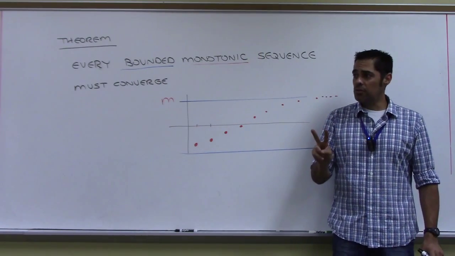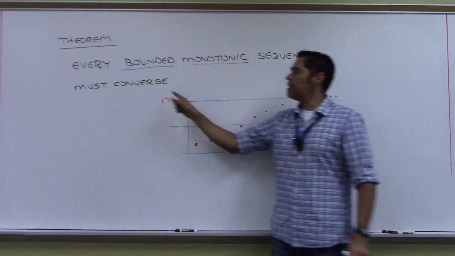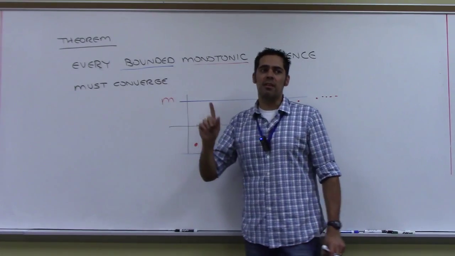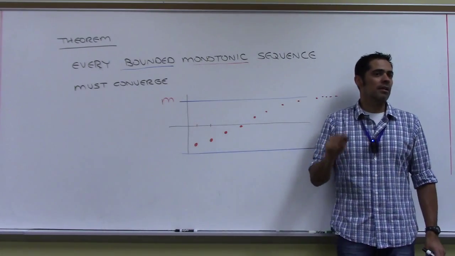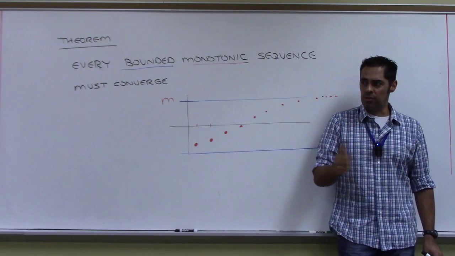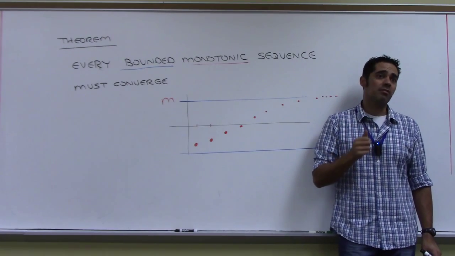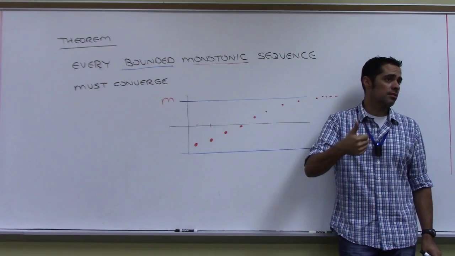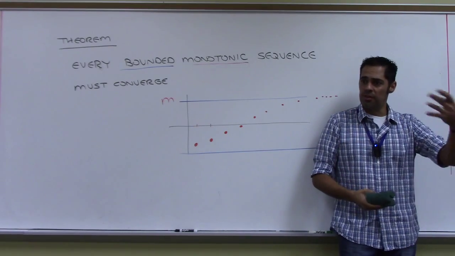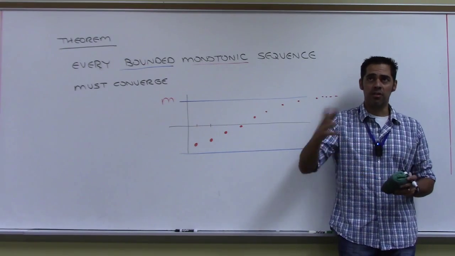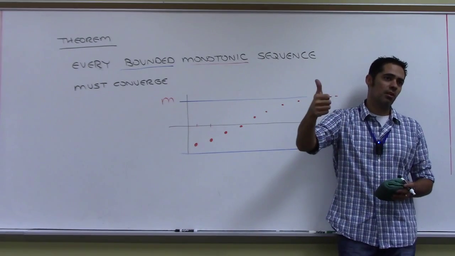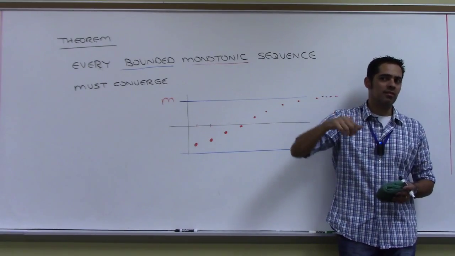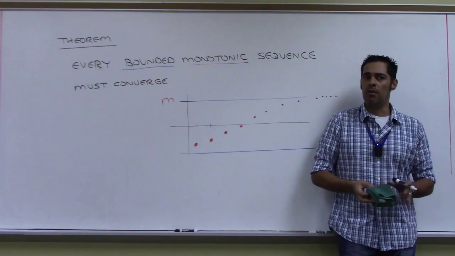If I can show you those two things are true, I'm guaranteed to converge. What this theorem doesn't allow you to do is tell someone what it converges to. It just allows you to conclude convergence. And a lot of times, as we're going to see as we move through chapter 8, just being able to say convergence or divergence is good enough for what we're doing. That's all we need.